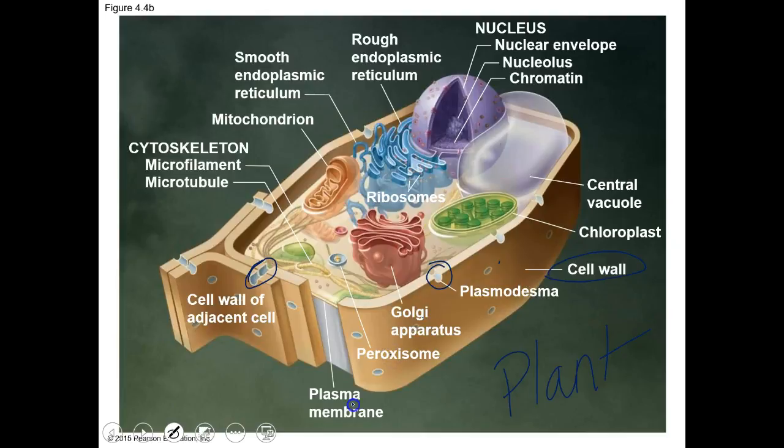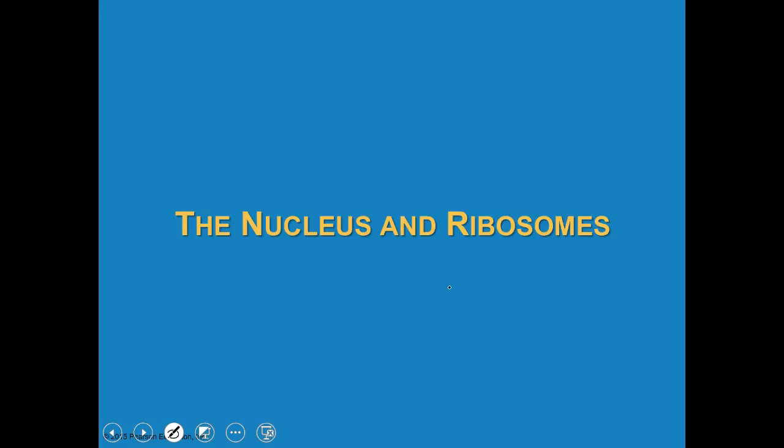Peroxisomes are over here. Plasma membrane is still on the inside. Cytoskeleton again, mitochondria, smooth and rough endoplasmic reticula. But then we've got the different central vacuole. So really our different guys are over here: central vacuole, chloroplast, cell wall, plasmodesmata.